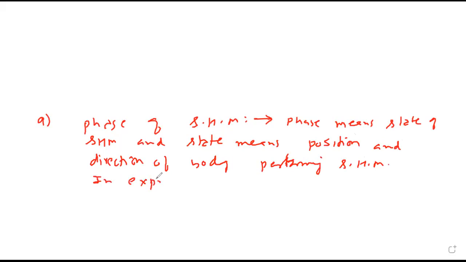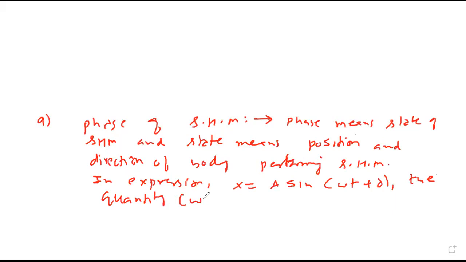In expression x equals a sine omega t plus delta, the quantity omega t plus delta is called as phase of SHM.